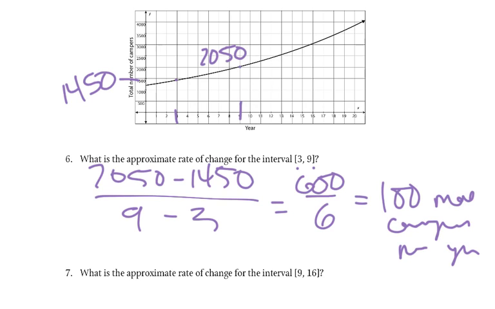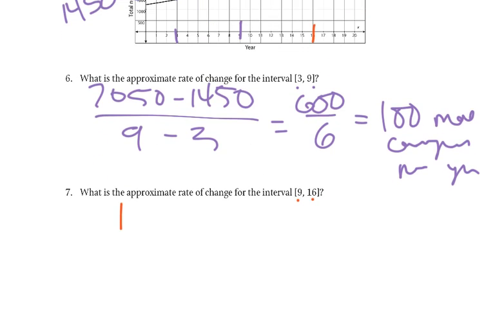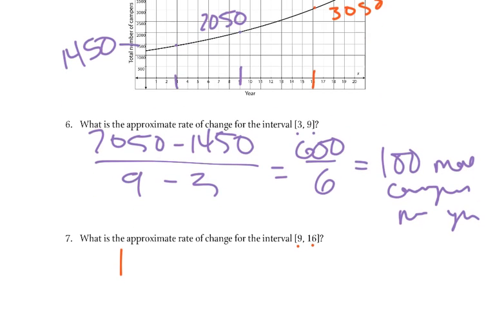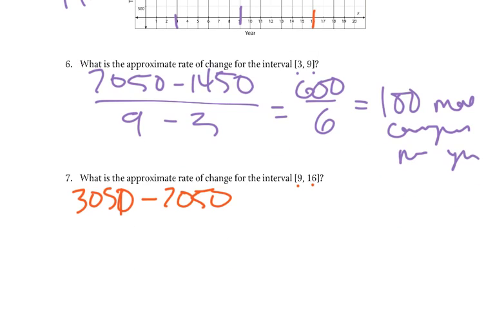Now we want to go from 9 to 16. We've already got 9. For 16, we'd say maybe 3,050. So 3,050 minus 2,050 over 16 minus 9.